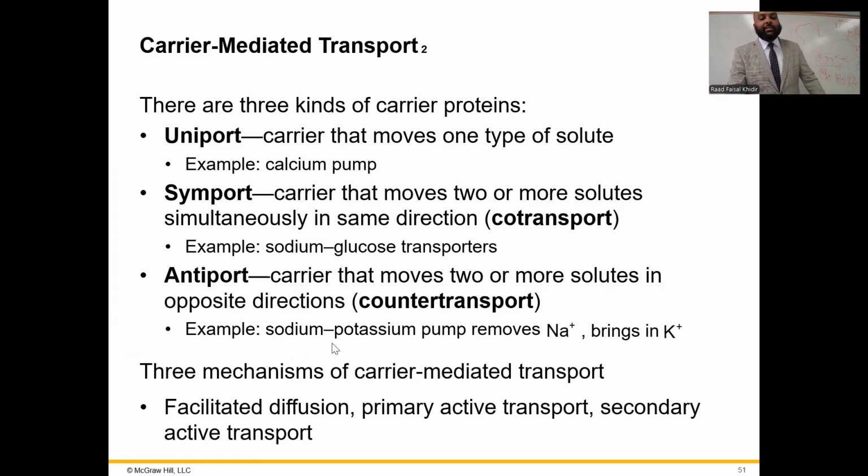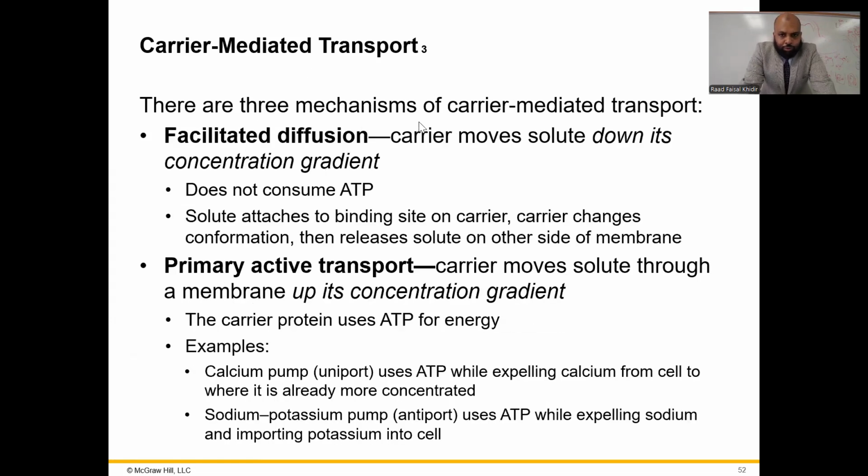These are the three mechanisms that are carrier mediated. Some of them require ATP, others require just a gradient. So the three mechanisms of carrier mediated transport are facilitated diffusion, primary active transport, and secondary active transport.